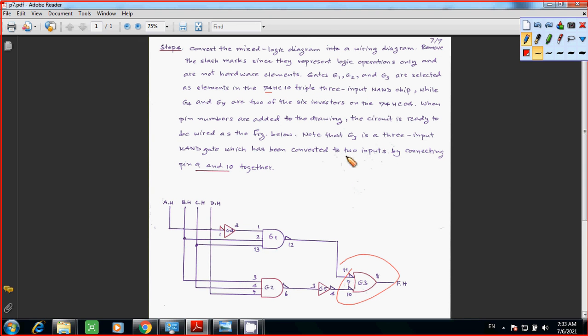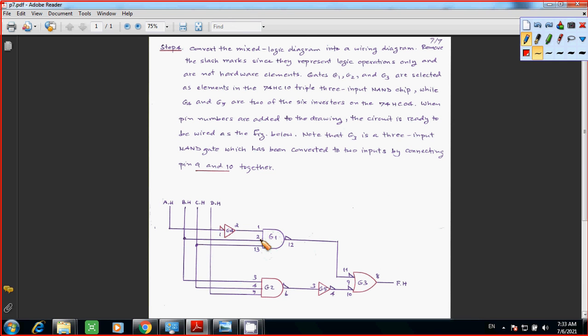You simply connect pin 9 and 10 together. So that's why you have pin 9 and 10 together to have a 2 input NAND gate. Sorry, in this case it has to be an OR gate. Okay, so this is your final circuit.